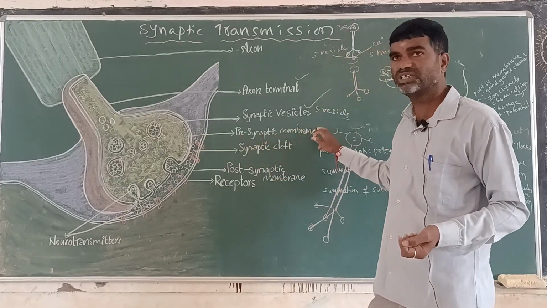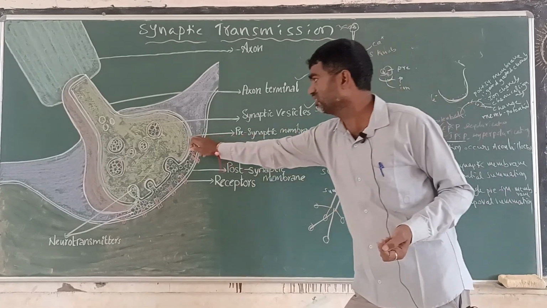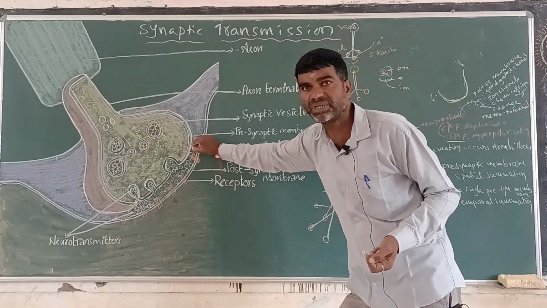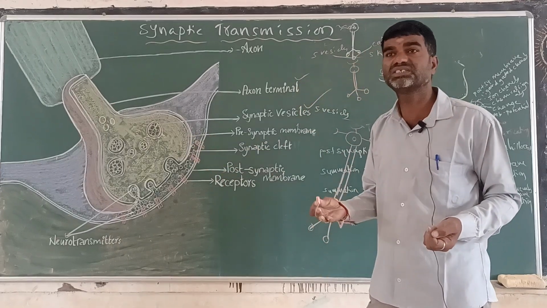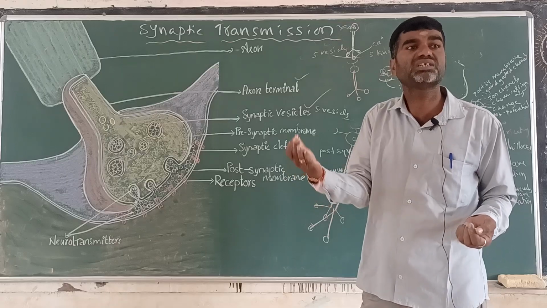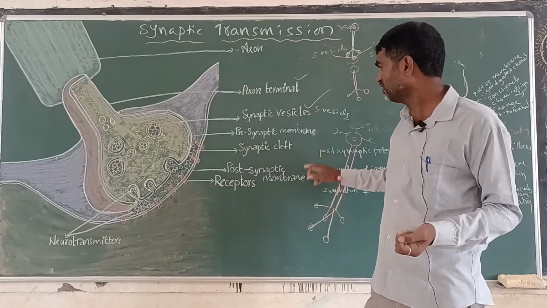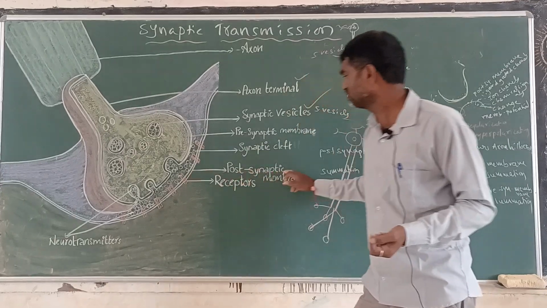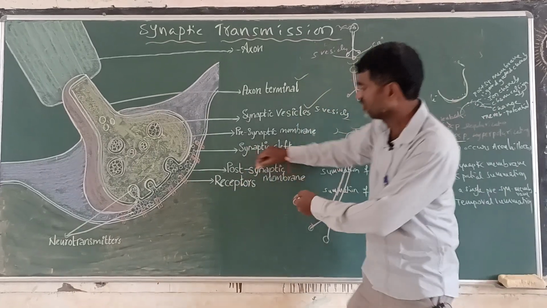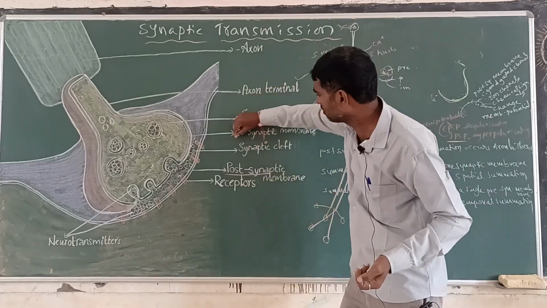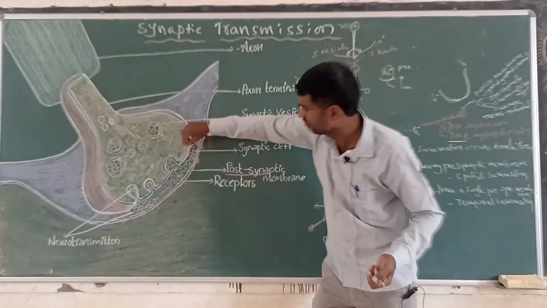This is the presynaptic membrane, and this is called the synaptic cleft. The synaptic cleft is the structural bridge and functional unit of that neuron or synaptic node. Next, this is called the postsynaptic membrane, and this is the presynaptic membrane.